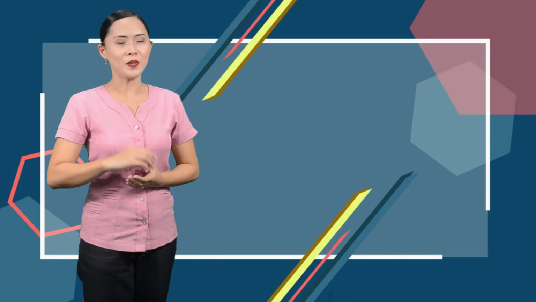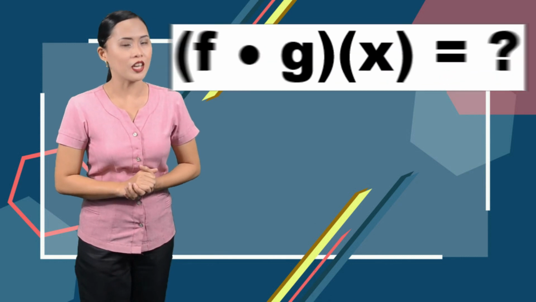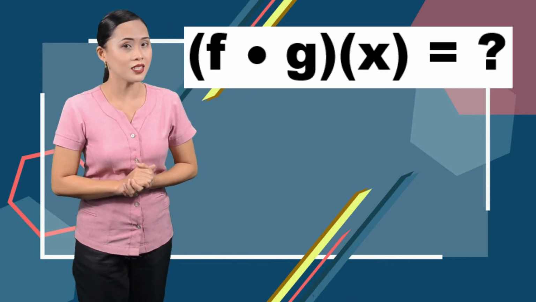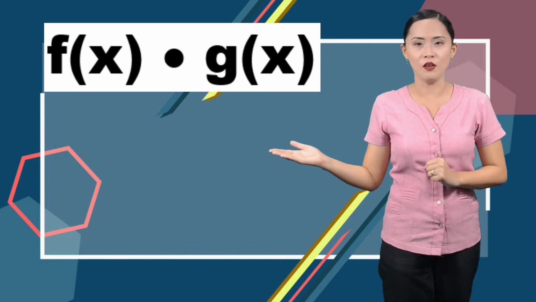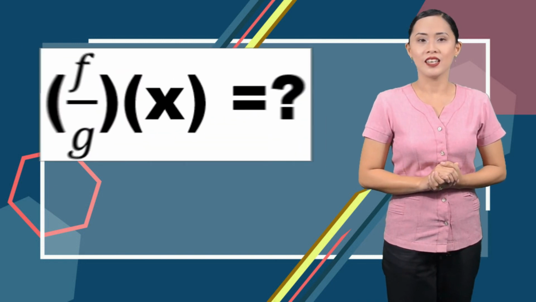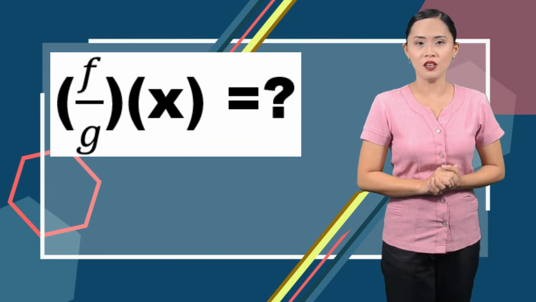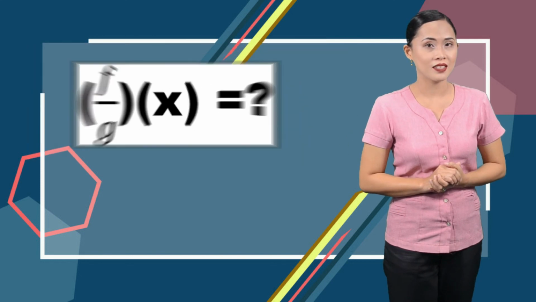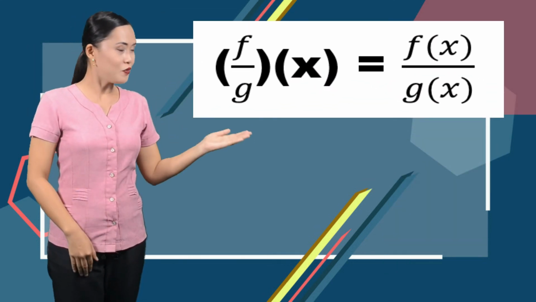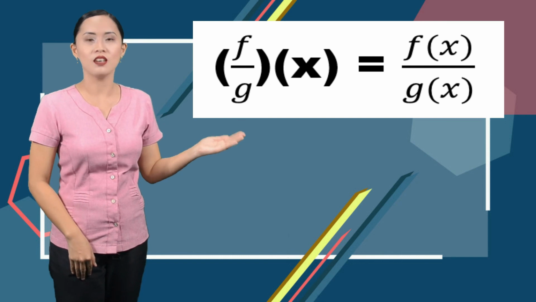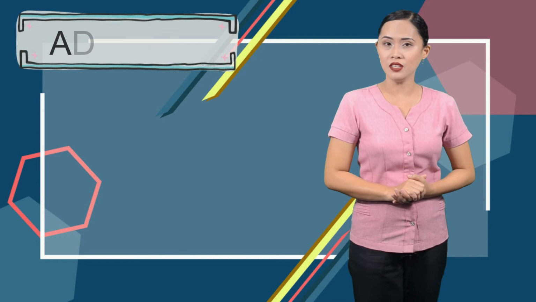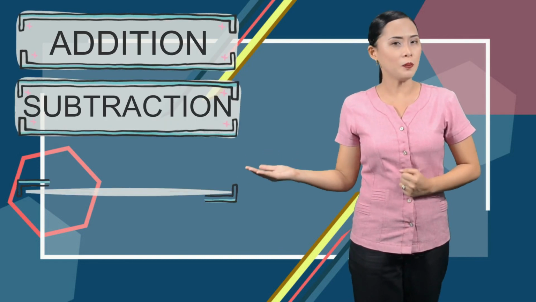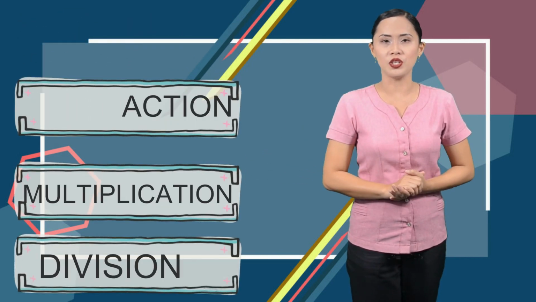Now, for multiplication, f times g of x is f of x times g of x. And for division, f divided by g of x equals? Yes, f of x divided by g of x. And that is addition, subtraction, multiplication, and division of functions.